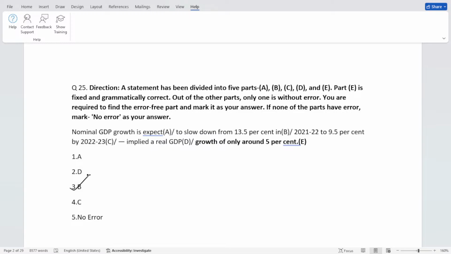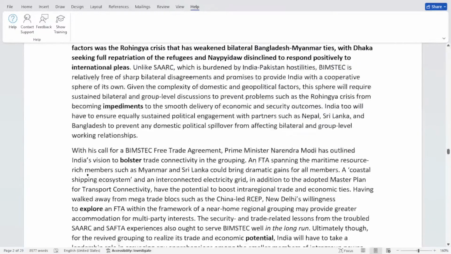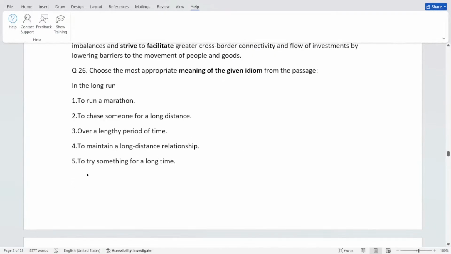So now we will go for the next question. It is a comprehension. Choose the most appropriate meaning of the given idiom from the passage. In the long run. To run a marathon, to chase someone for a long distance over a lengthy period of time, to maintain a long distance relationship, to try something for a long time.